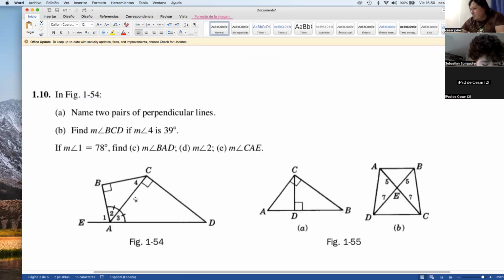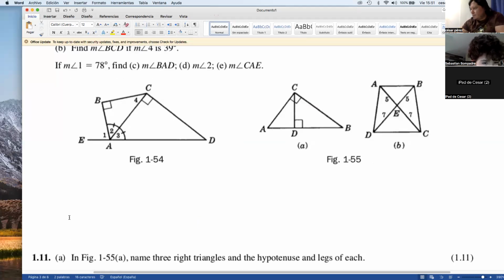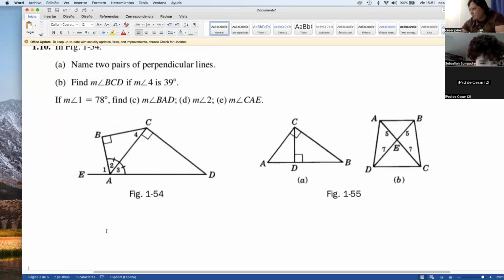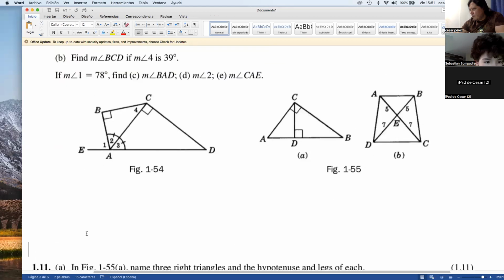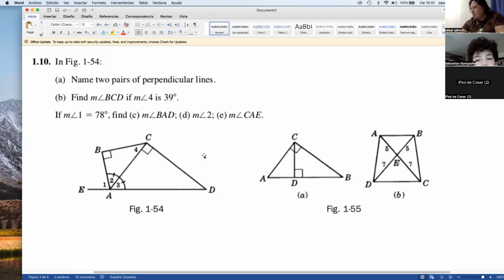And the problem on this. Okay, we are going to work with this.